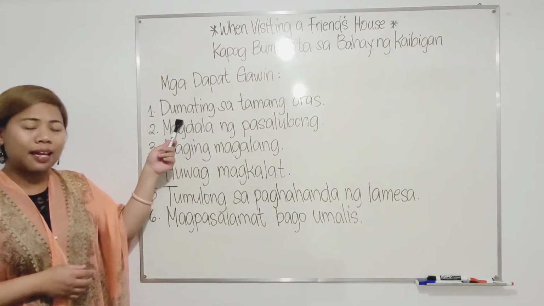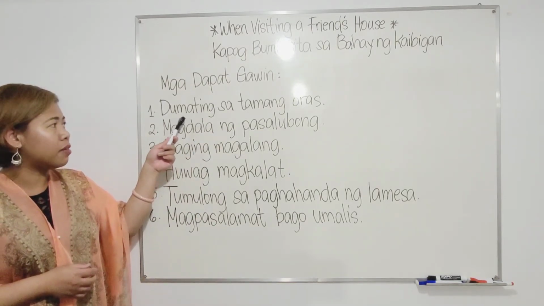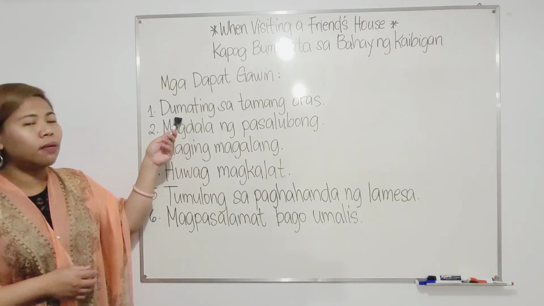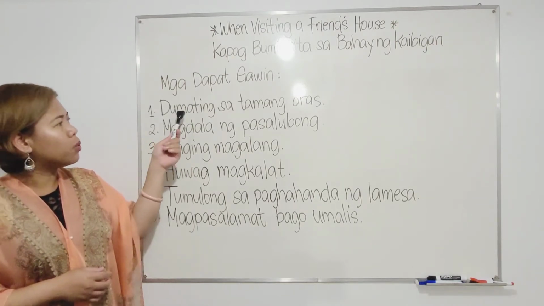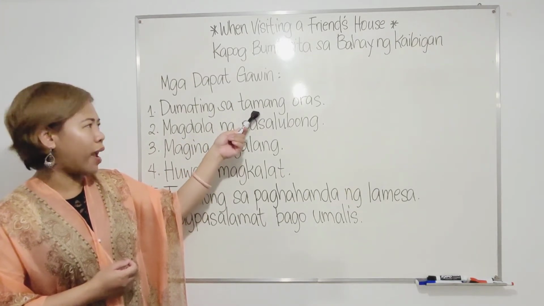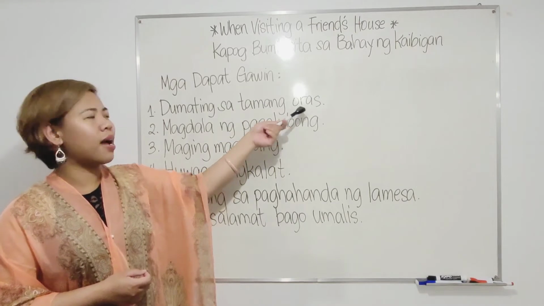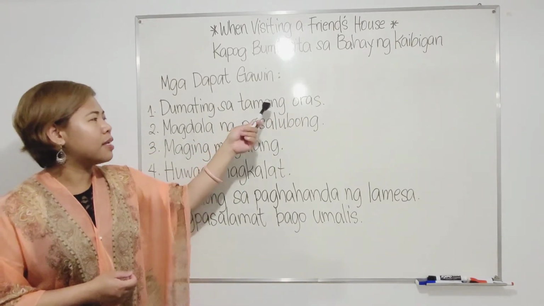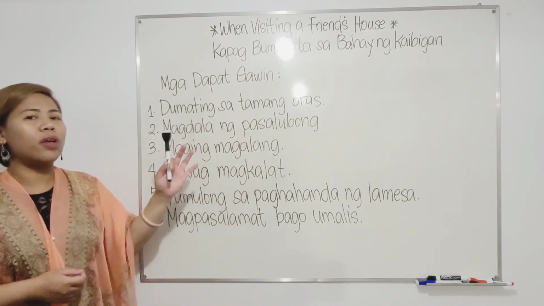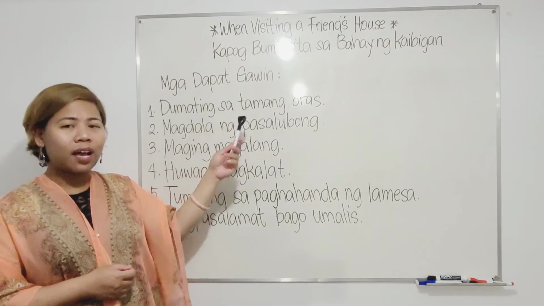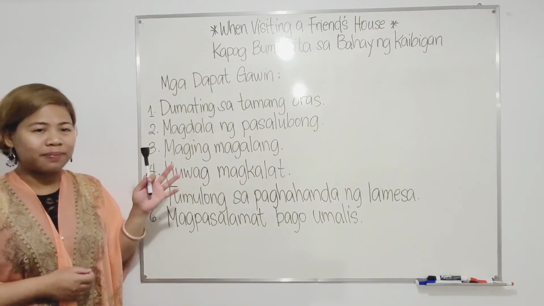From the word dating, to arrive, the root verb is dating, and then we put um here as an infix. So dumating sa tama. Tama means right or correct. Oras means time. So it means arrive at the right time, or that is when you translate it word for word, but in English you would say arrive on time or be on time.